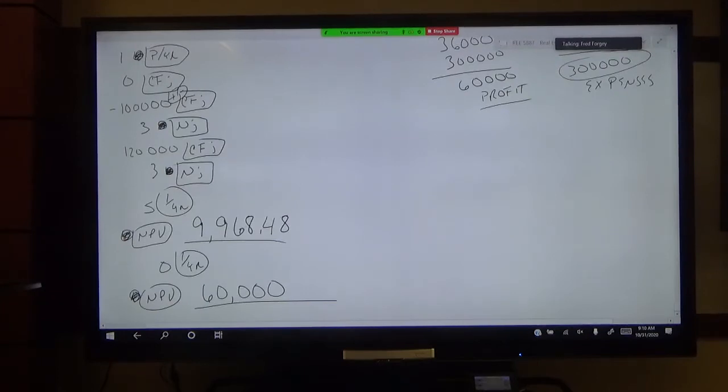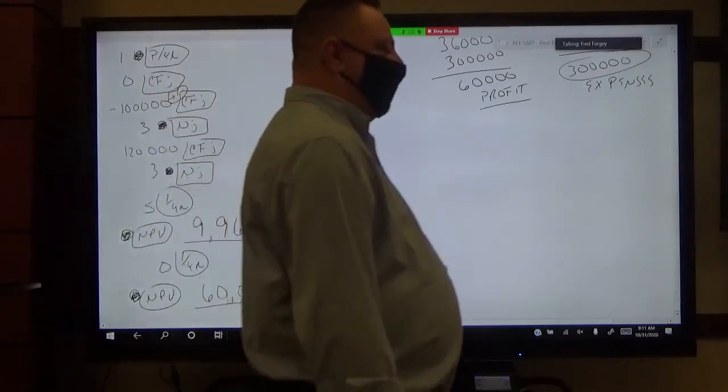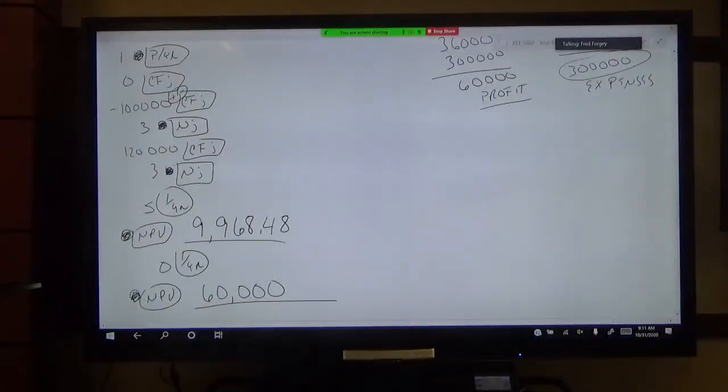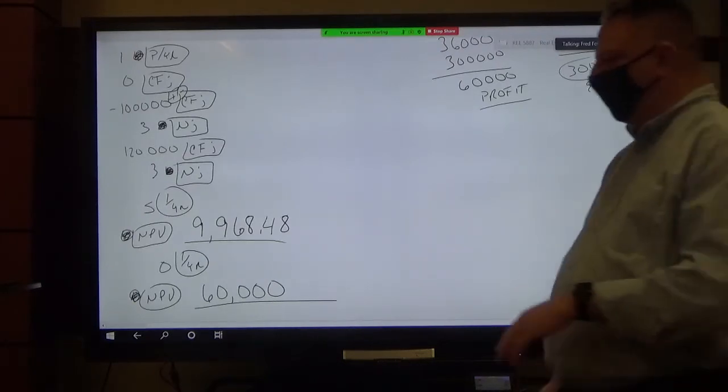One is your calculator, and Excel is the same, so this is not unique to the calculator. Excel and your calculator do not like a mixing of inflows and outflows beyond time period 0. This is the reason for this whole problem.